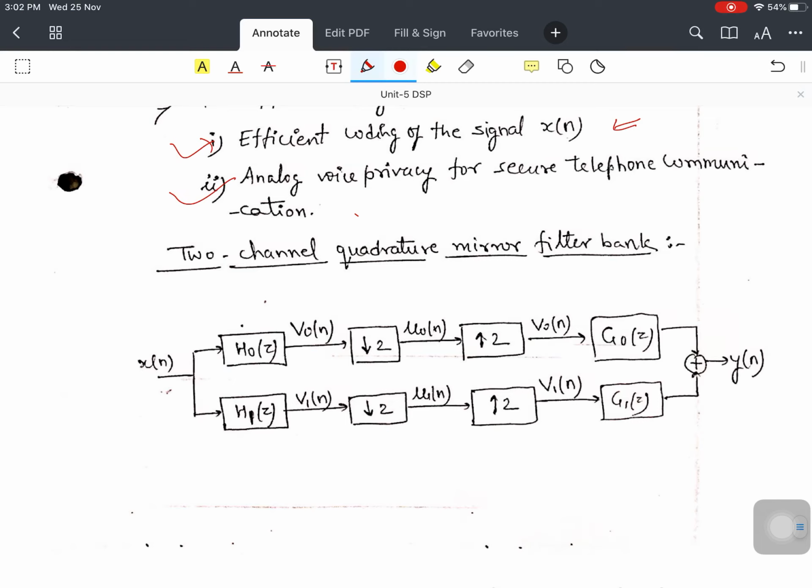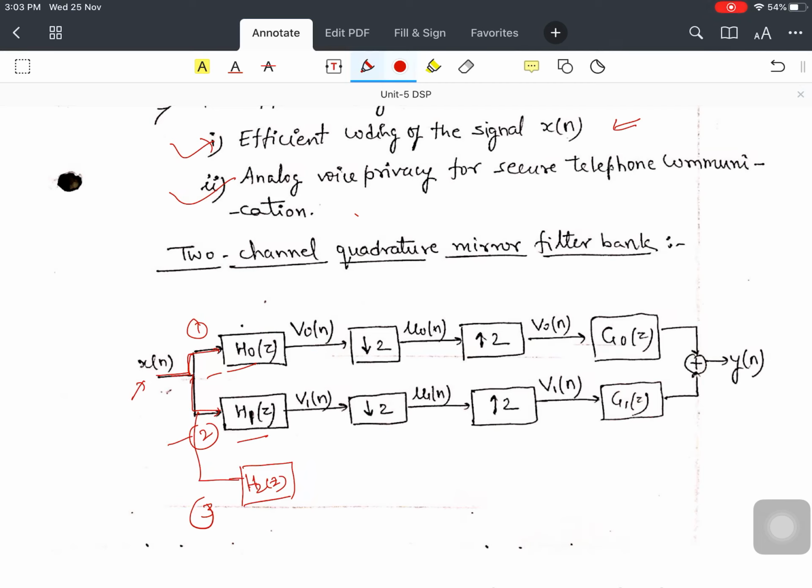As I told you, this is a filter bank. Here x n is the original signal and this signal is going to these 2 filters, H 0 Z and H 1 Z. This one is the first, this is the second. If you are adding another, that uses H 2 Z. So, you can see here a number of filters you are attaching, and this is forming a bank.